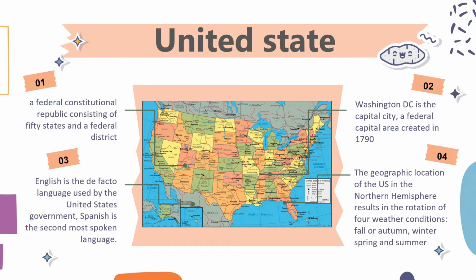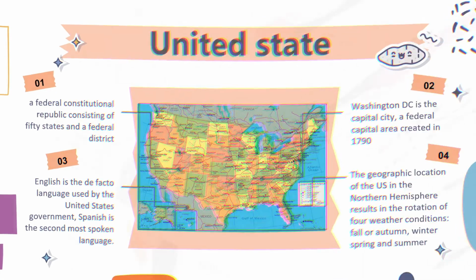English is the de facto language used by the United States government. Spanish is the second most spoken language. The geographic location of the United States in the Northern Hemisphere results in the rotation of four seasons: fall or autumn, winter, spring, and summer.